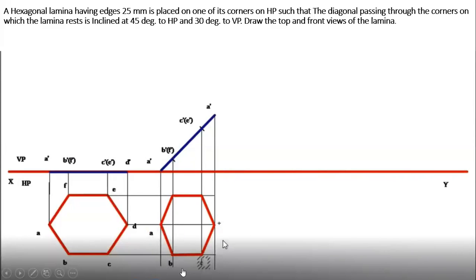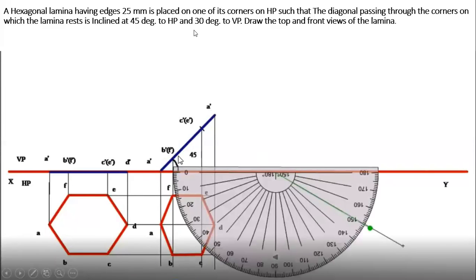Name it as A, B, C, D, E and F. Project A dash, intersection point will be A. Like that you name for all the remaining points. So show the inclination, that is 45 degree.